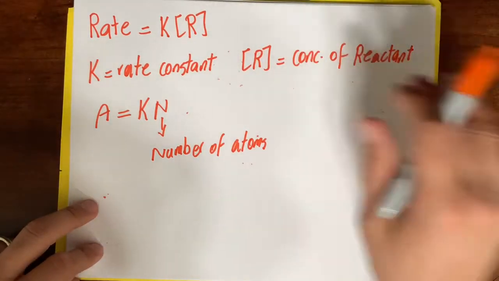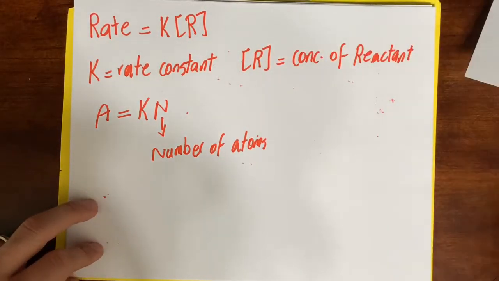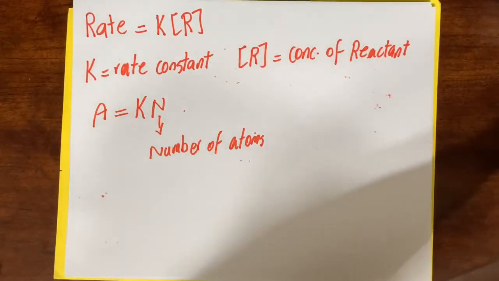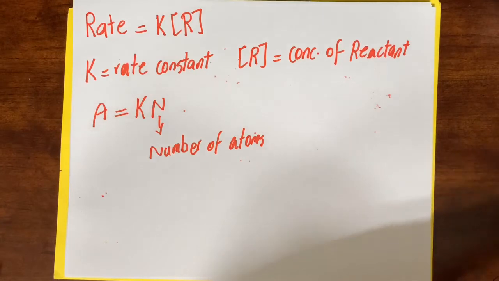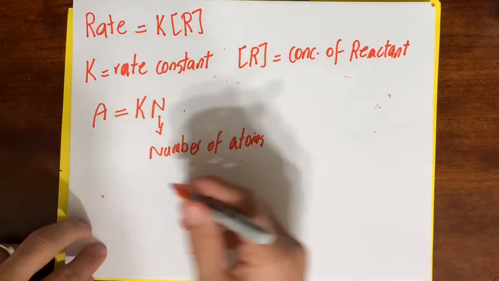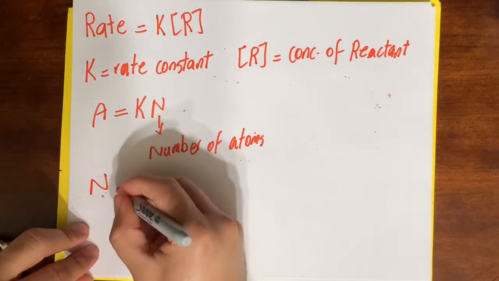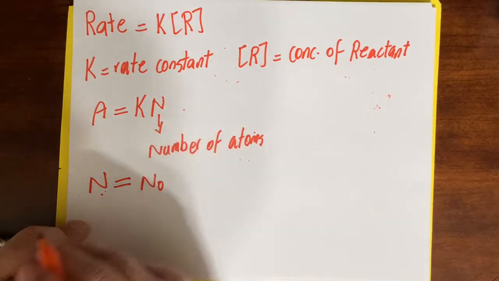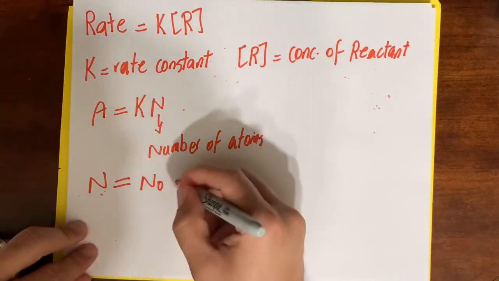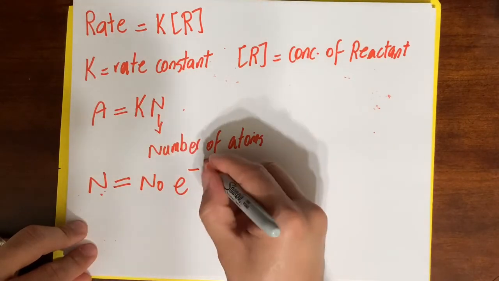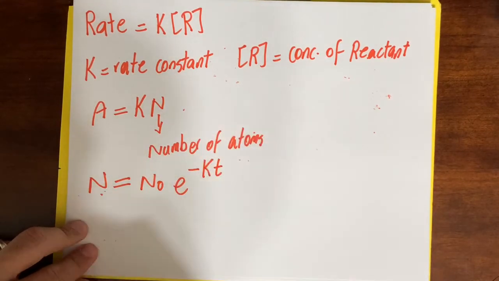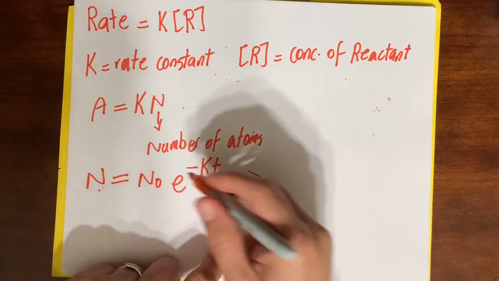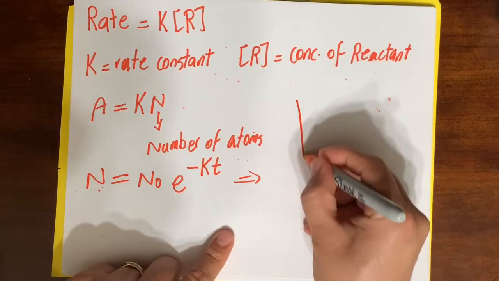And the formula that we use for it, I go with N equal to N0 multiplied by e to the power of minus kt. Okay.